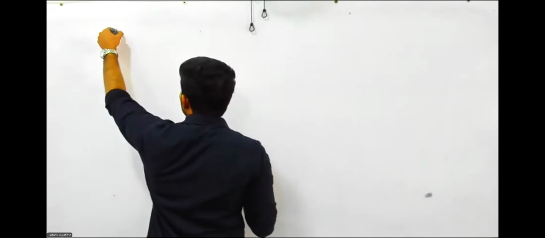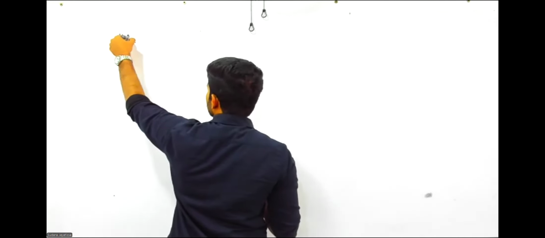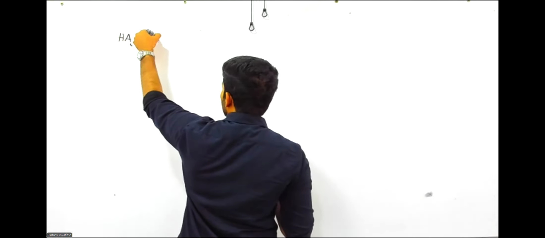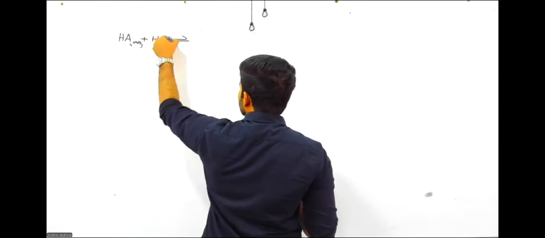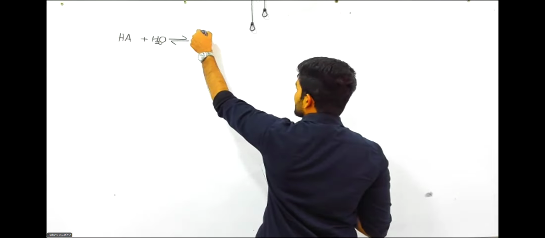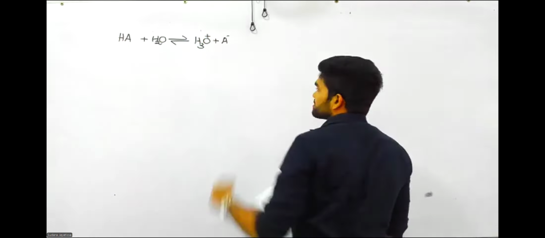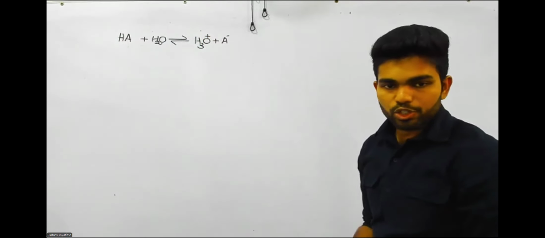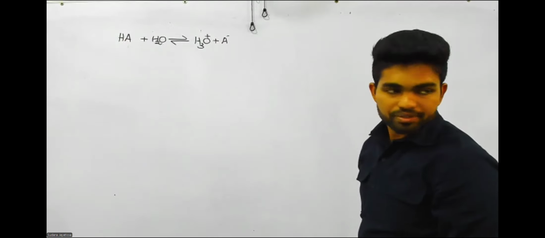Now, this is the weak acid. If it is a weak acid, we all know we'll take it as HA. It can undergo ionization and give you H3O plus and A minus. Understood? H3O plus and A minus is the equilibrium.